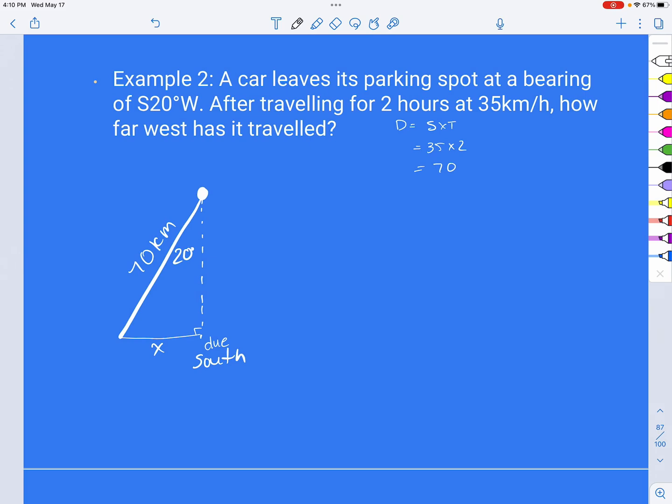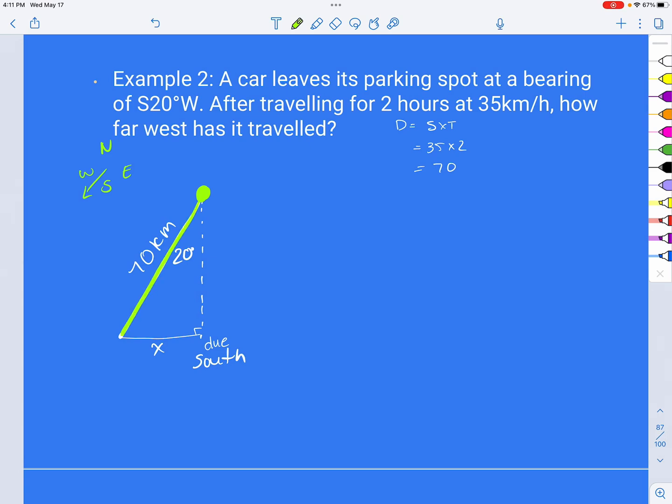Okay, so here's the diagram I came up with. Here's the car right here, and it's traveling southwest. North, south, east, west. So it's going in that direction, between south and west.